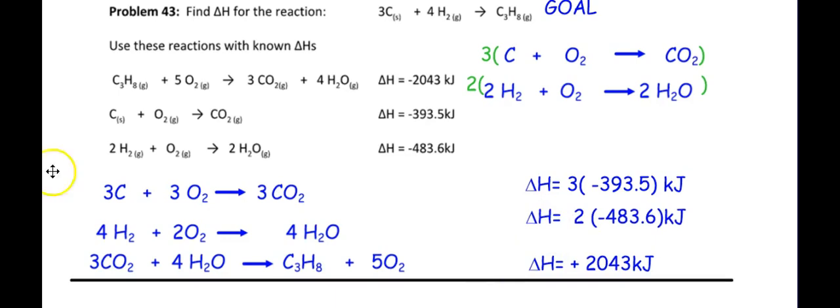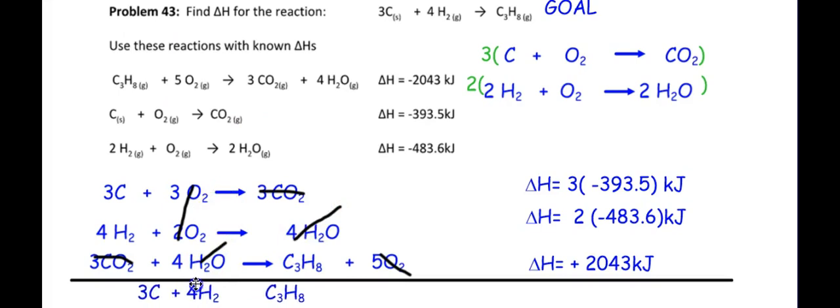Let's cross out things that are in common. I have 3 plus 2, I have 5 oxygens here, I have 5 oxygens here. I have 3 carbon dioxides, 3 carbon dioxides. Now, I did not put my little gases here because they both are in the gas phase, so I can cross them out.